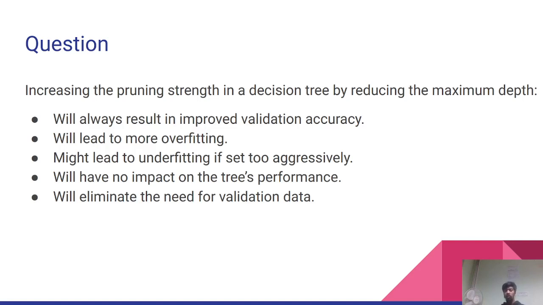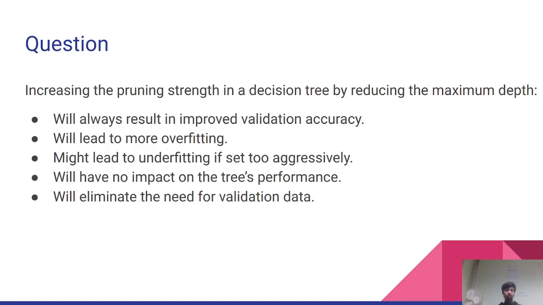So what will happen in this scenario? First option is that it will result in improved validation accuracy. It is not saying anything about training accuracy, which can increase or decrease, but whatever happens, it will improve validation accuracy.